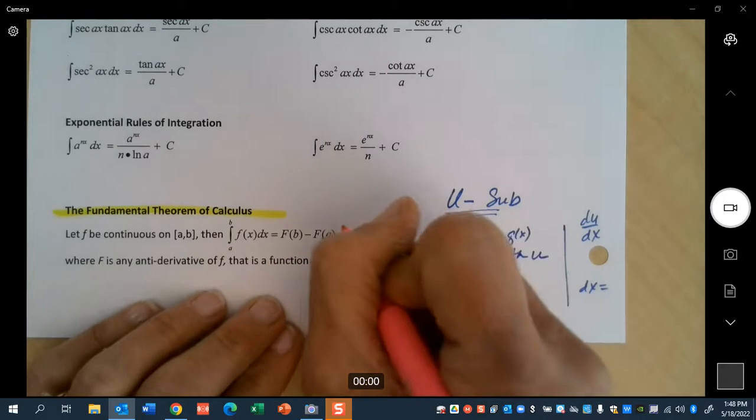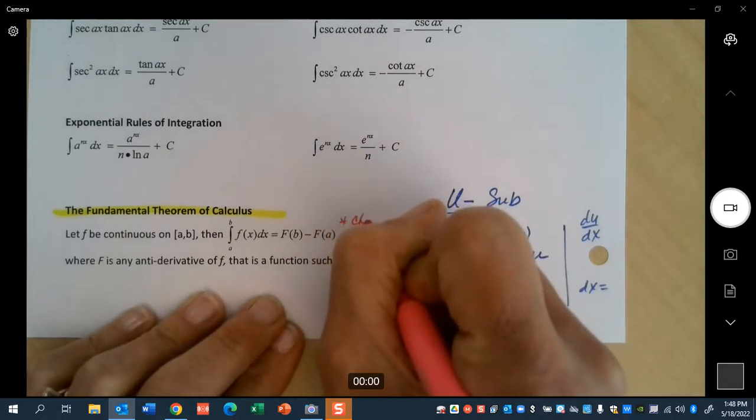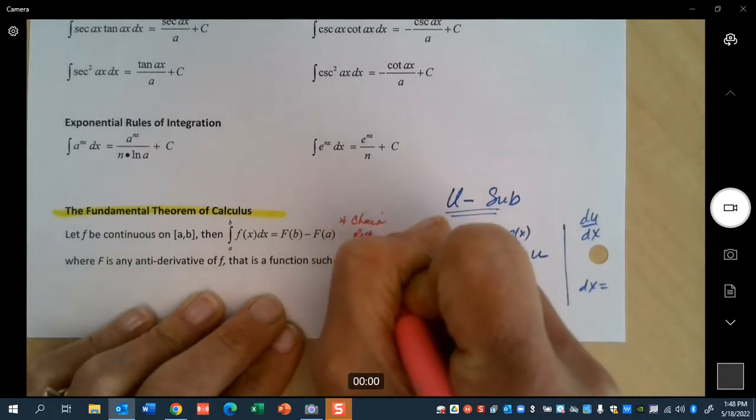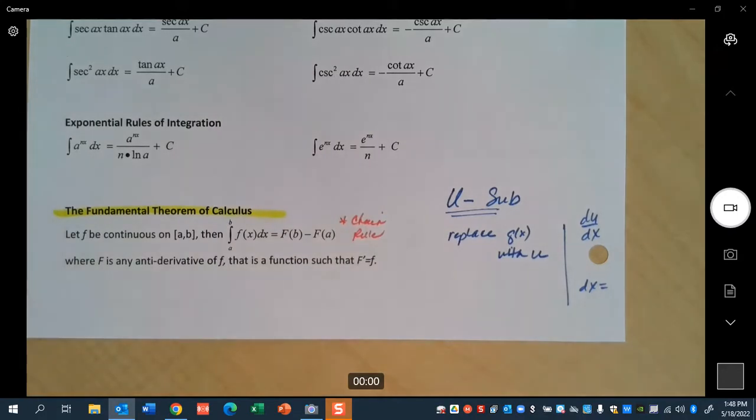My only thing that I would remind you of is don't forget about the chain rule if you have those embedded functions, because you're going to have to be careful of what it is that you're doing with those embedded functions.